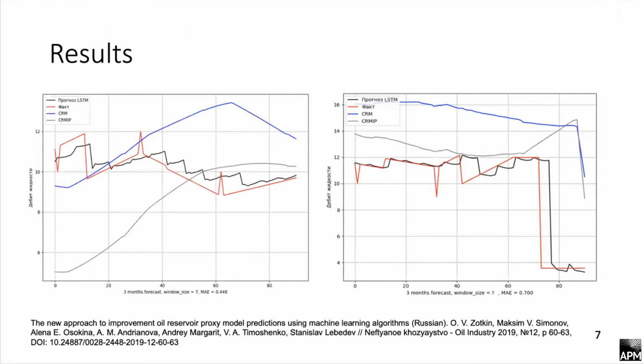As you can see, the forecasts of CRM models really need to be refined. Earlier, we used LSTM autoencoders in the ML model. It's a special type of recurrent neural network, but it is very difficult, and they are very slow, and we think that it's not very good to use them.